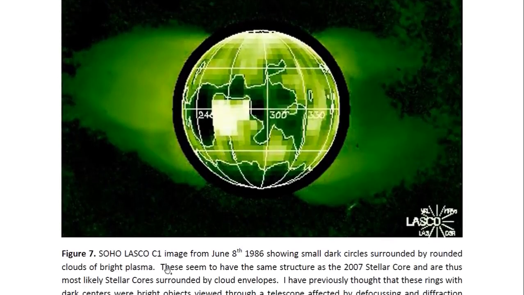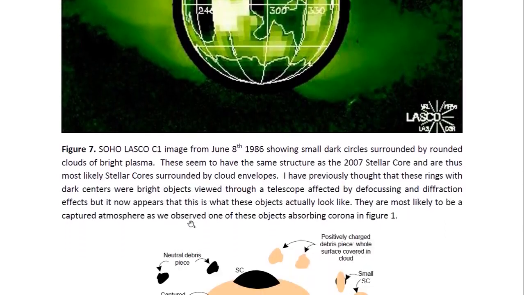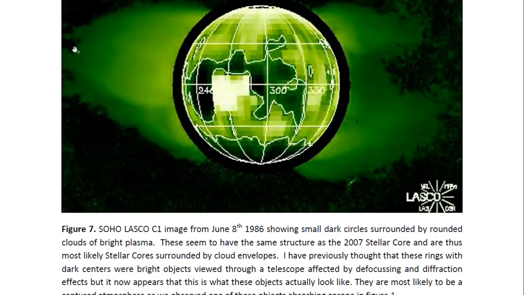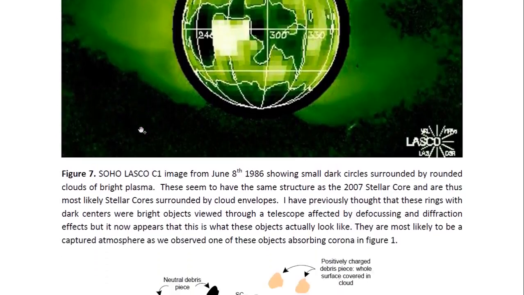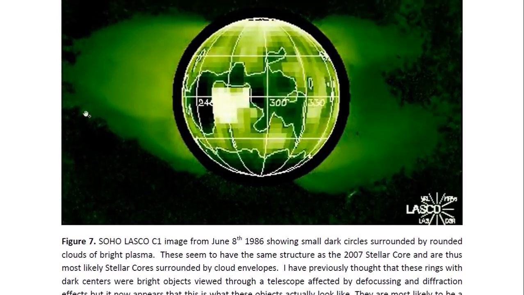And here's a SOHO LASCO C1 image from 1986, and you can see more of these objects that seem to be surrounded in toroidal-shaped clouds. And previously I actually thought these dark circles surrounded by this colored ring were distorted rings due to diffraction effects and the telescope being defocused.